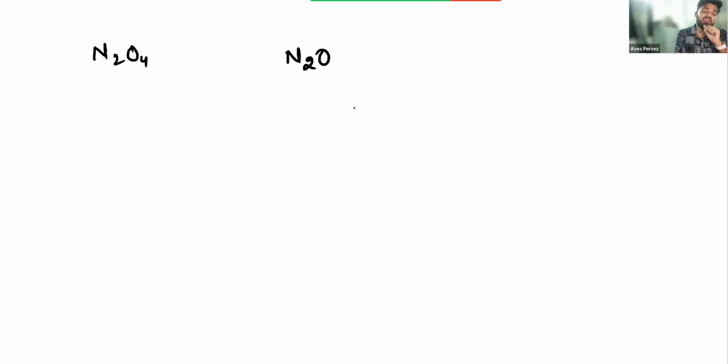If we have N2O, this is simple nitrogen making a triple bond with the other nitrogen, but here are 2 electrons of nitrogen, and here also 2 electrons of nitrogen. So these are the 6 electrons of oxygen, sorry. And counting 1, 2, 3, 4, 5, 6, 7, 8, the nitrogen has already completed 8 electrons here.